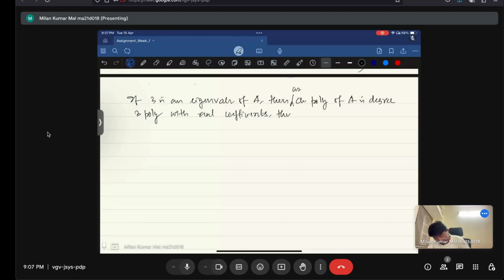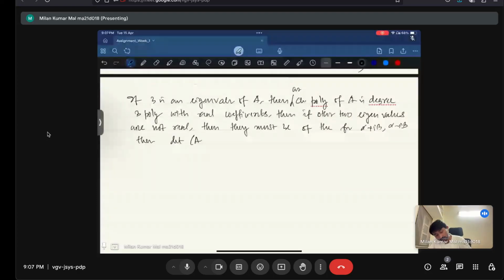Then the determinant of A equals 3 times the modulus squared of alpha plus i beta, that is 3 times alpha squared plus beta squared, because alpha plus i beta times alpha minus i beta is alpha squared minus i squared beta squared, which equals alpha squared plus beta squared, with alpha and beta real numbers. So this is always positive, right?